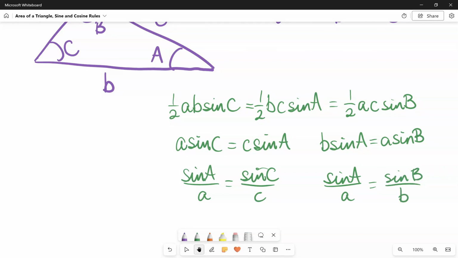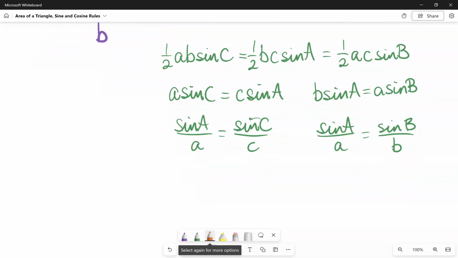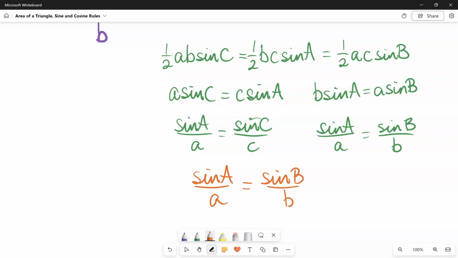So clearly these must all be the same, because sine A over a is equal to sine C over c, and sine A over a is equal to sine B over b. So we get the sine rule. And that's just a simple way of deriving it from the area of a triangle. We needed to know the area of a triangle formula in order to get to this derivation.